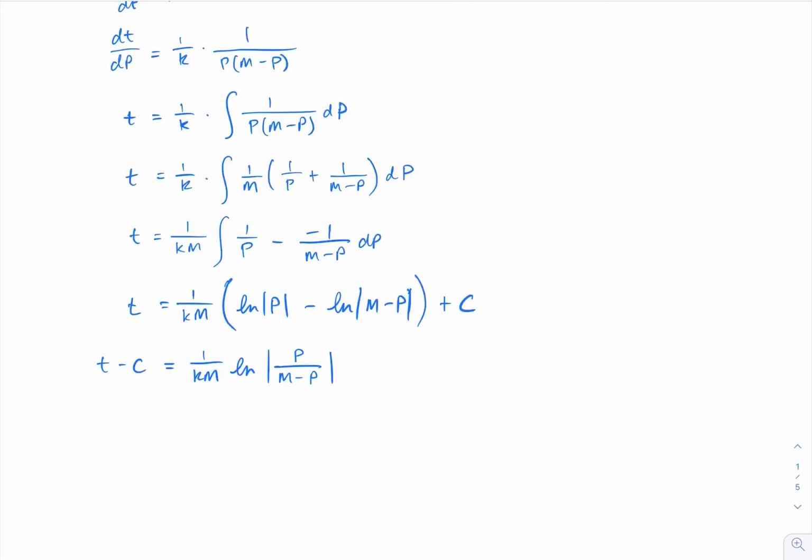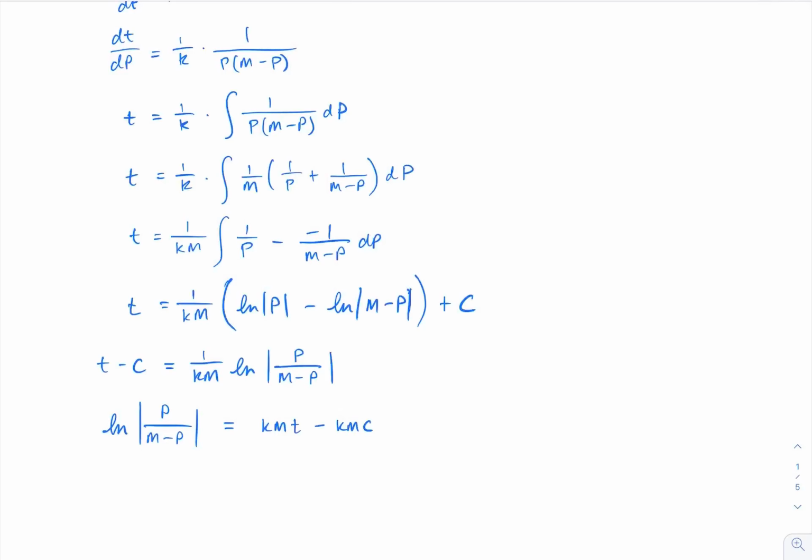So I've moved the C over and used logarithm laws there. Notice that the only variable over here is t, everything else is a constant.